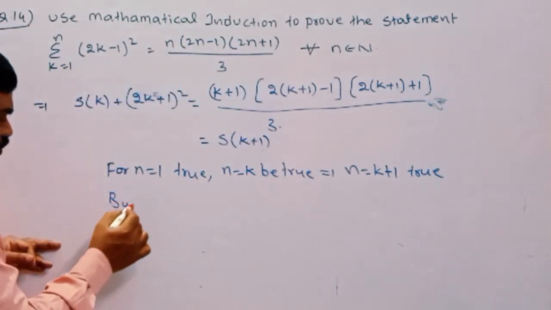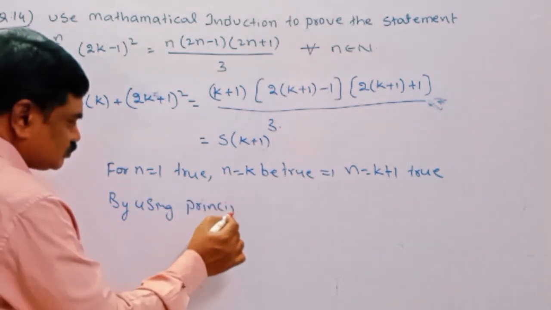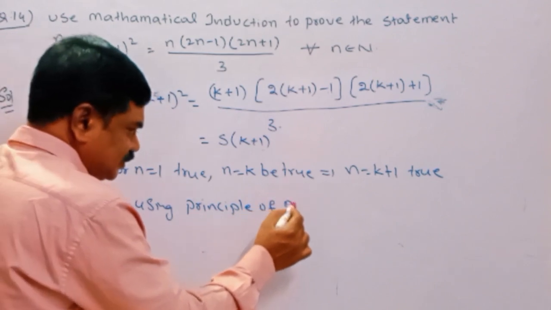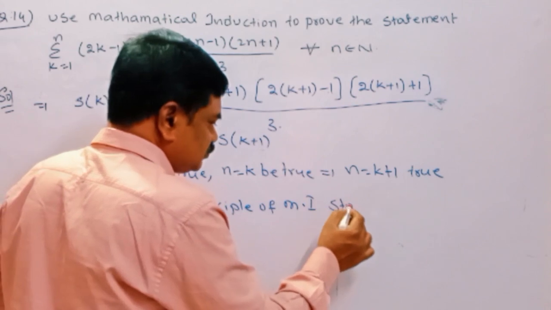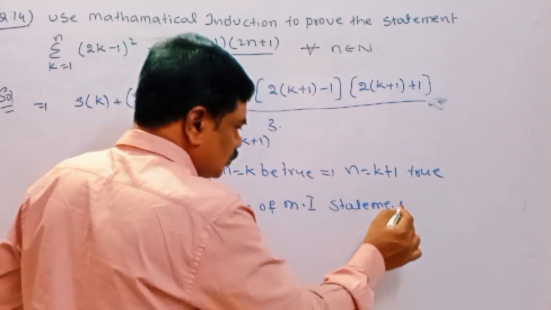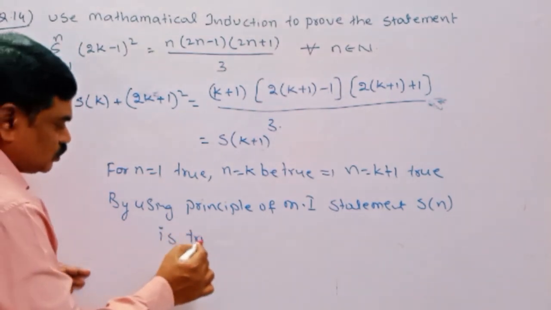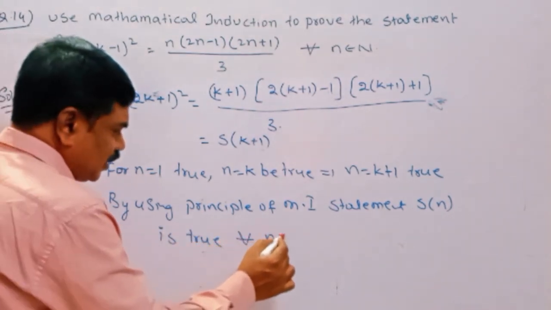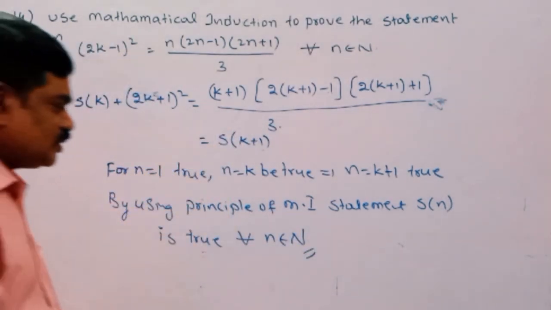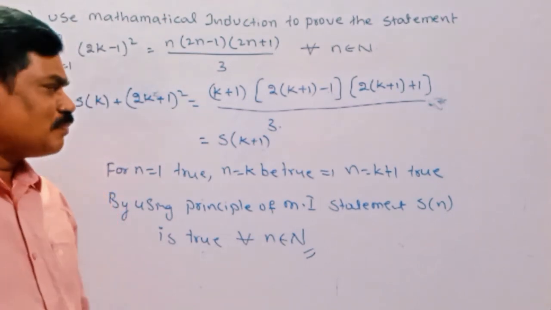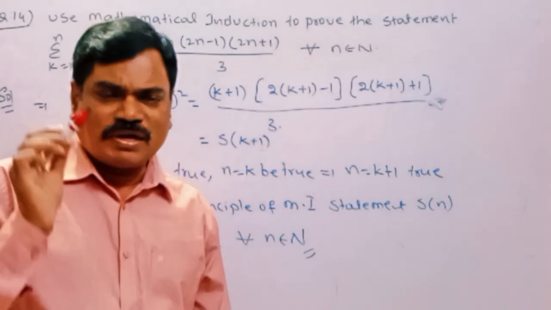By using the principle of mathematical induction, statement S of n is true for all n belongs to capital N. This is the conclusion of the problem. Thank you for watching my video.